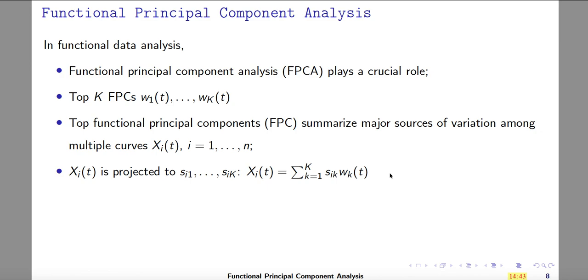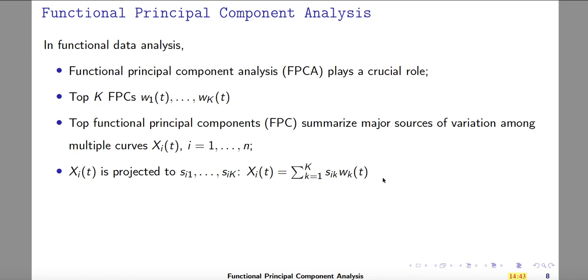The advantage of using the empirical basis function w_k(t) is that we only have a very small number of basis functions. In most cases, this number, the number of principal components, will be just 3 or 4. They explain the most variation in the data.